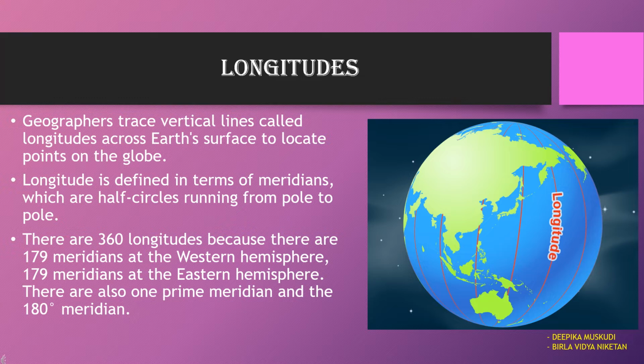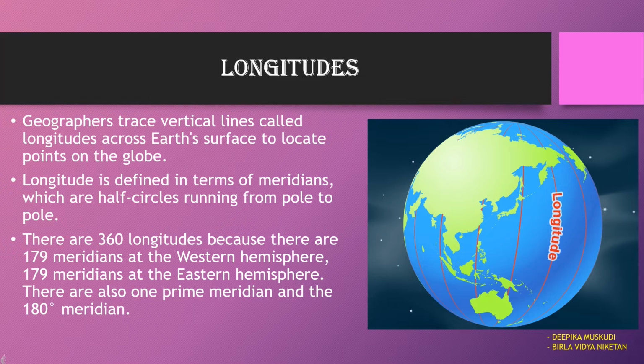Students, geographers trace vertical lines called longitude across Earth's surface to locate points on the globe. Longitude is defined in terms of meridians, which are half circles running from pole to pole.